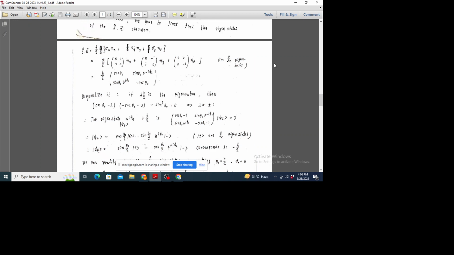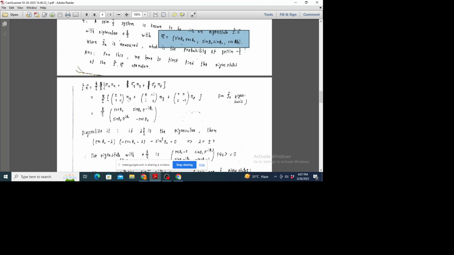And nx, ny, nz are the components of n, the unit vector represented in spherical polar coordinates.